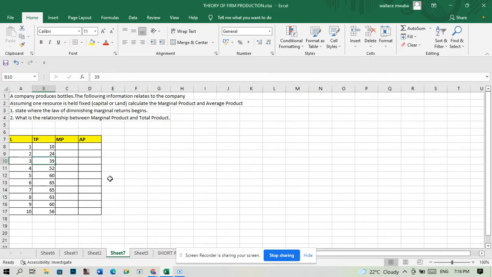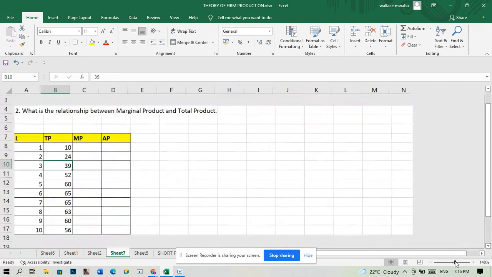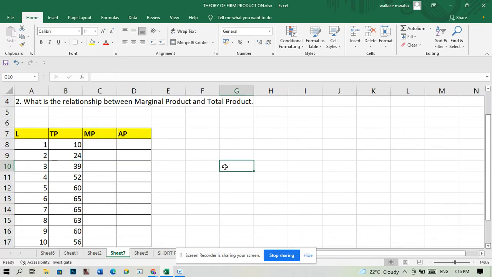With three workers, we're able to produce 39 bottles. So I want to see what's happening as we increase our labor force, because labor is the variable resource here.